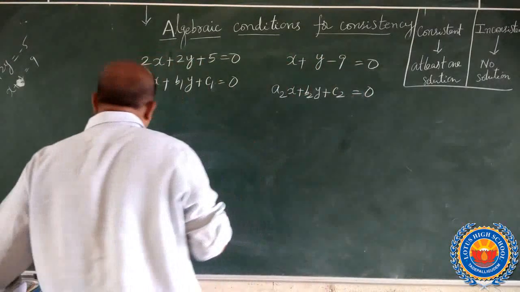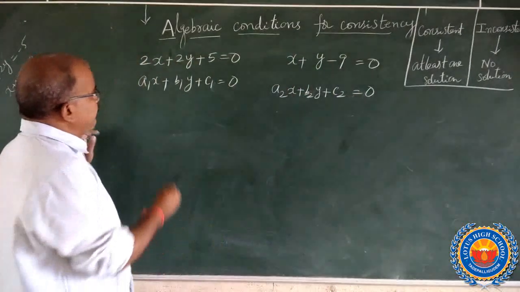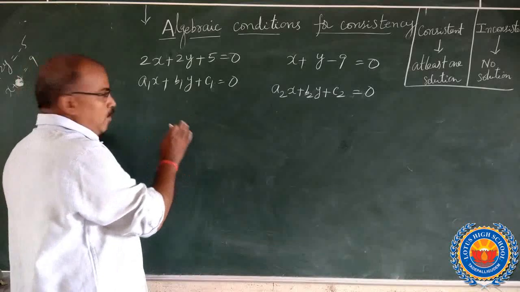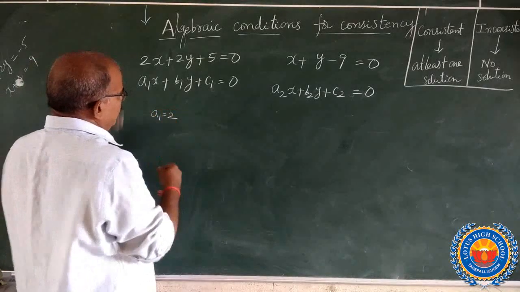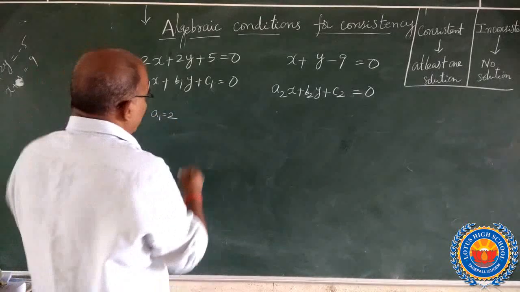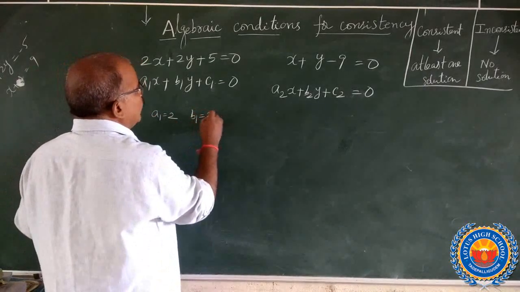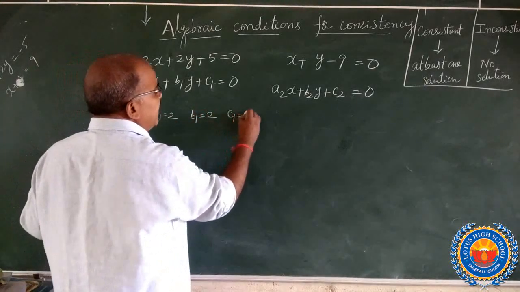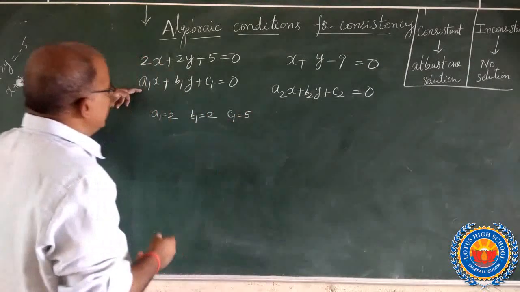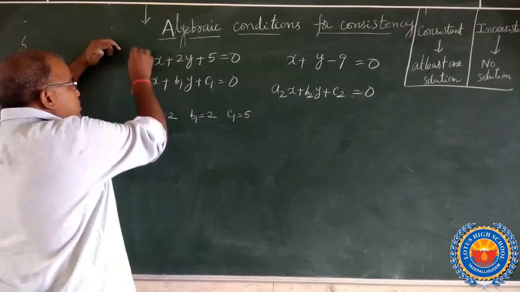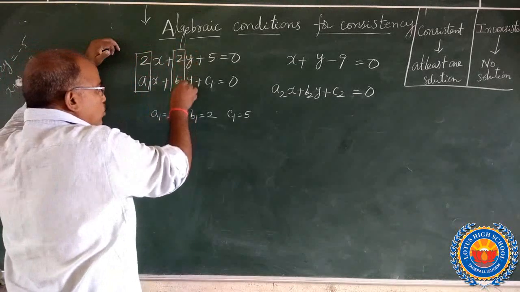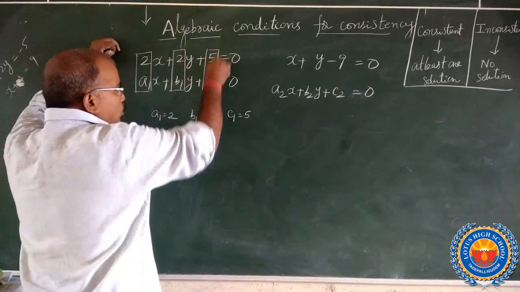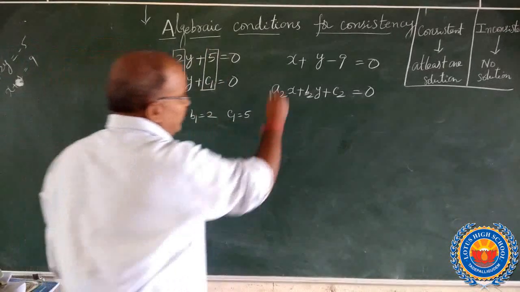Now compare with the general form. a1 is equal to 2, b1 is equal to 2, c1 is equal to 5.